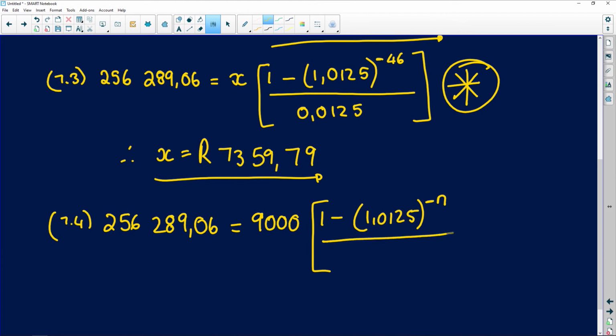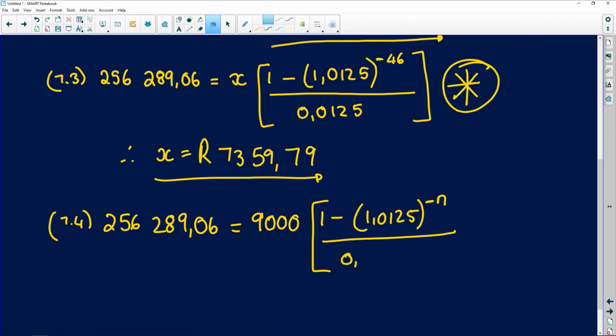We want that, that's the question. We need to know how many of those payments Thabiso is going to make to know by how many months it shortened the loan. So divided by 0.0125. Let's have a look. We now have to get this term by itself, possibly with the negative going along.